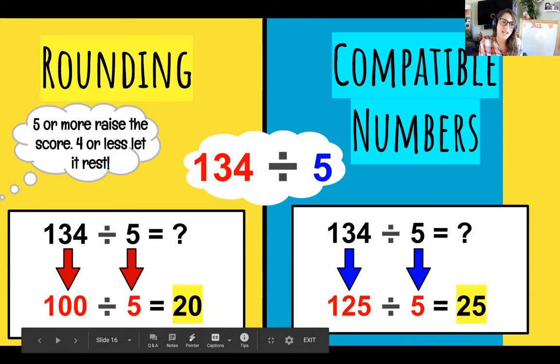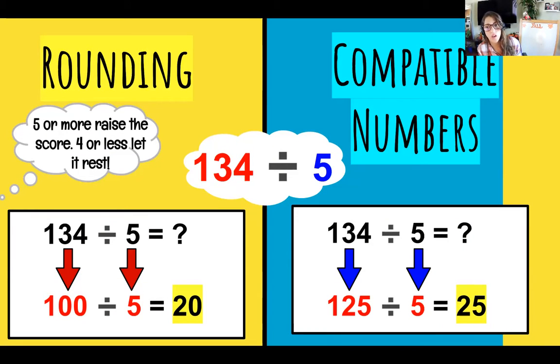With rounding, you are going to be looking for a number change that turns our dividend into a multiple of 10, so that we're kind of using what we did in our last lesson with dividing by multiples of 10. It makes it easy peasy because then I just have to focus on my basic facts.